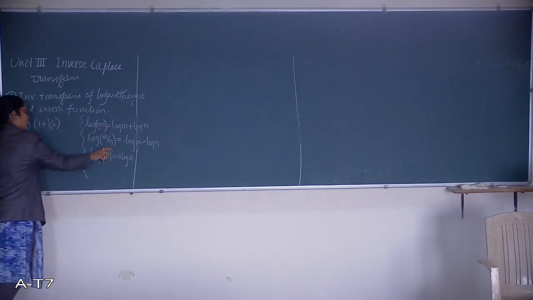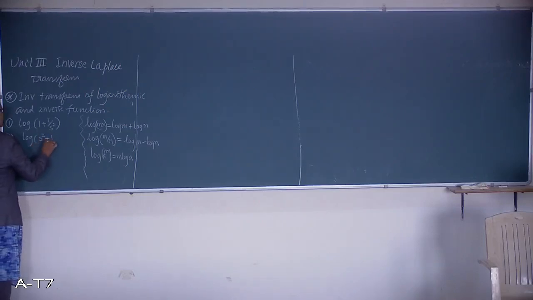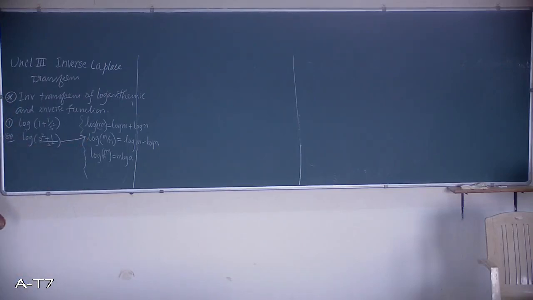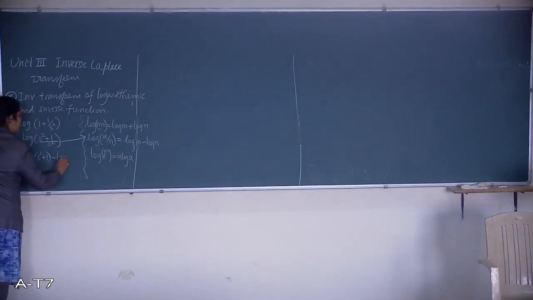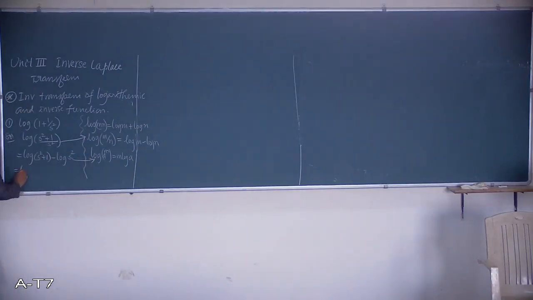So let us take the three basic laws of logarithm because I am going to implement them here. First I will take the LCM, in which form it gets reduced by the second law, so that I can write this as log of s square plus 1 minus log s square. I can use the third one.